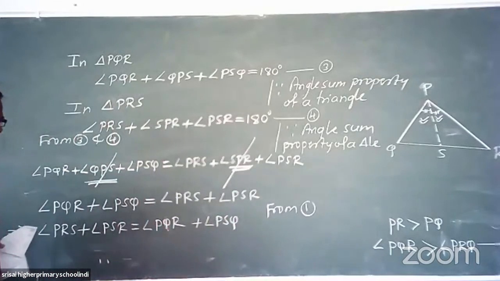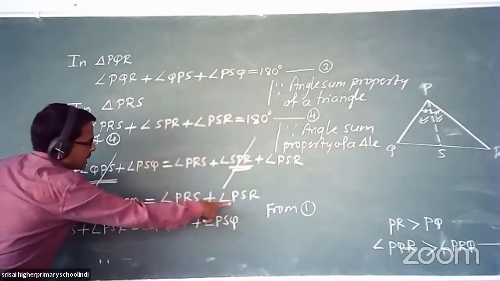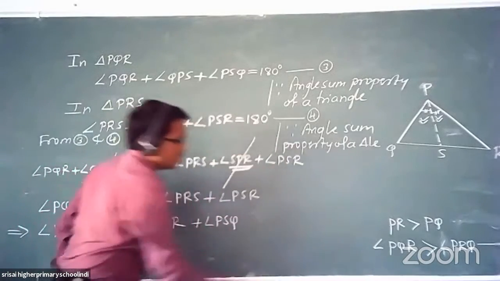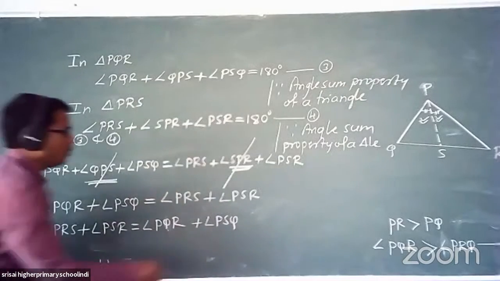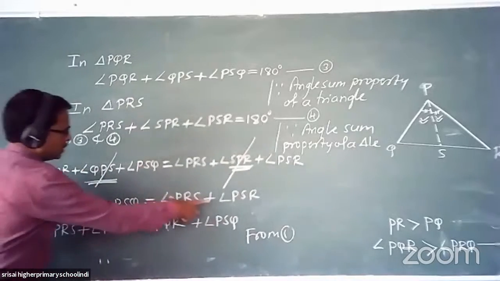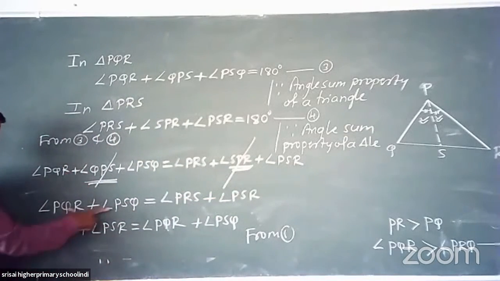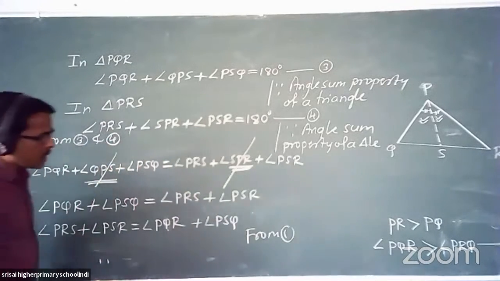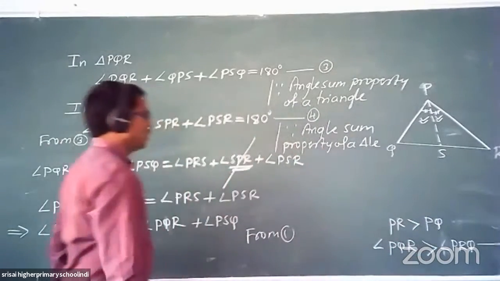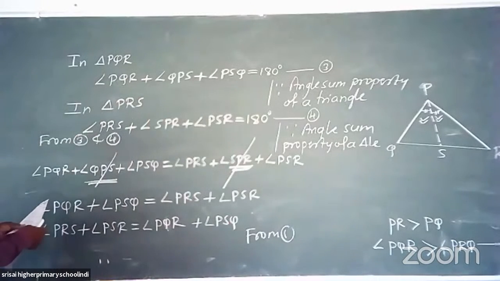Now, what was on the right hand side I wrote on the left hand side, and what was on the left I wrote on the right. See, nothing changes. Now from 1. So what is 1? PQR is greater than PRQ.